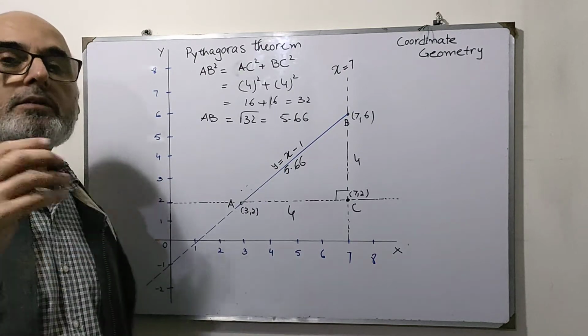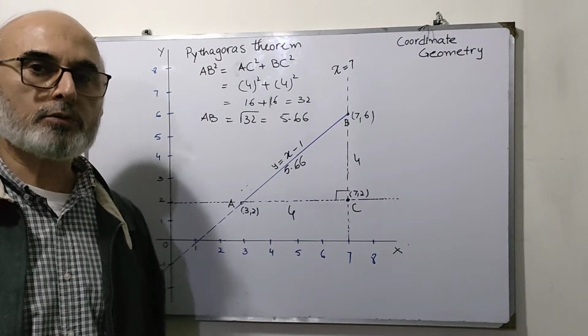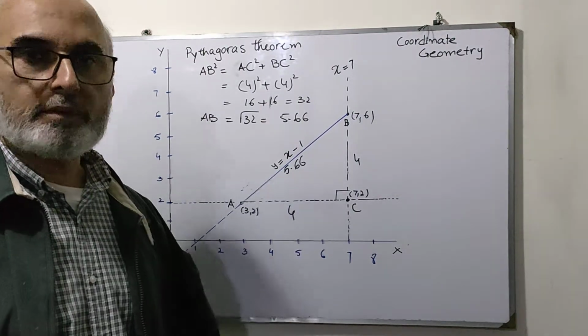Okay, now let's do one more thing. Let's say we have a line perpendicular to AB, what happens then?